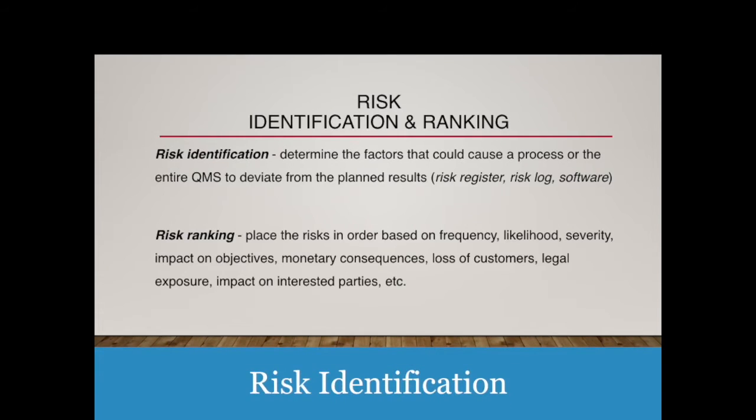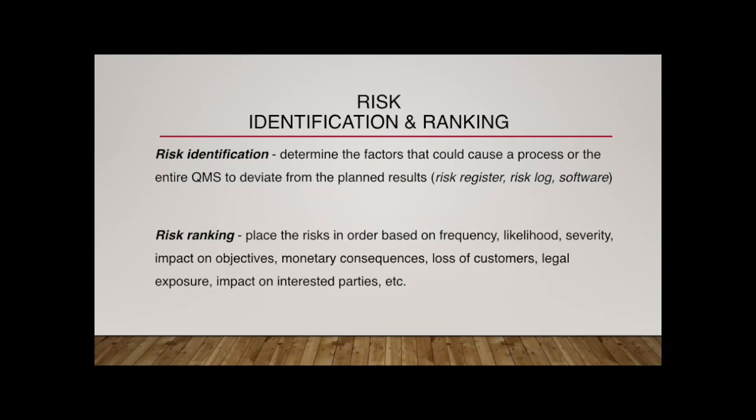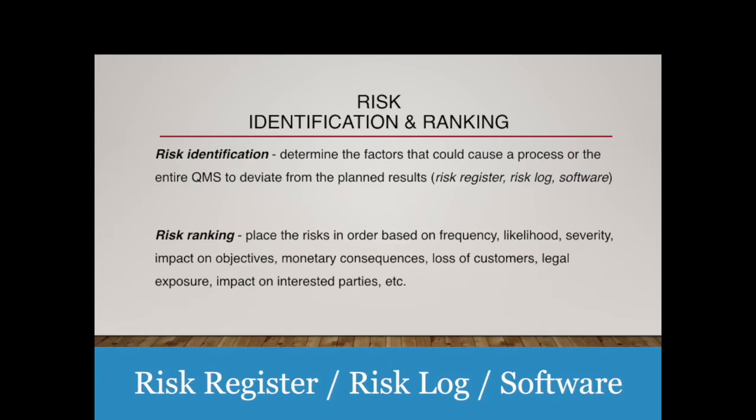Risk identification determines factors that could cause a process or the entire quality management system to deviate from the planned results. Usually, a risk register, risk log, or other risk computer software is used to record the risks.